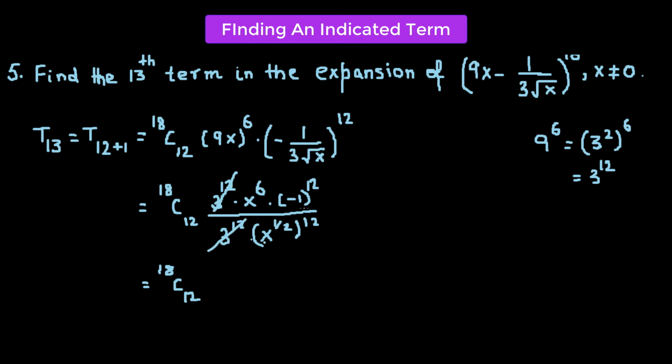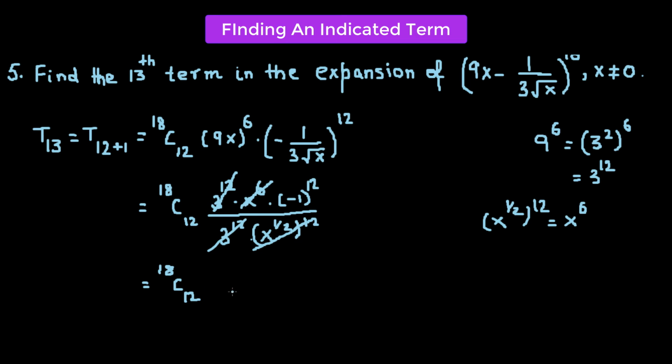Then we have negative 1 times x raised to the power of 6, and x raised to the power of half raised to the power of 12 is simply x raised to the power of 12 divided by 2, which is 6. So does it mean that the x raised to the power 6 in the numerator cancels out the similar term in the denominator? So we're only left with negative 1 raised to the power of 12, which is always positive.